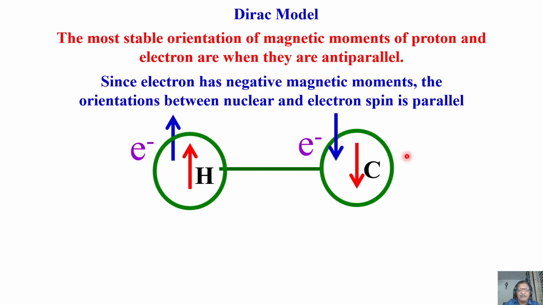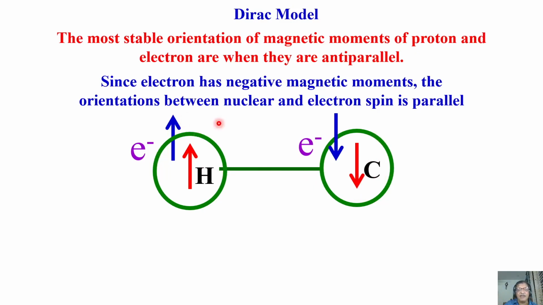This model is called a Dirac model, a totally classical, simple way of explaining the coupling interaction. When this is parallel, it forces the carbon, one bond away, coupled with a sigma single bond, to be opposite to this orientation. You understand?